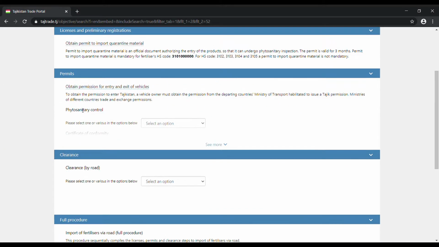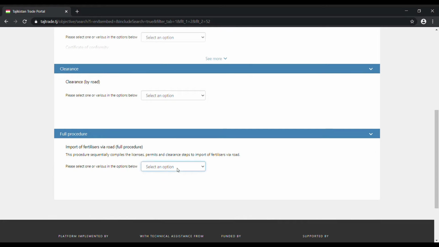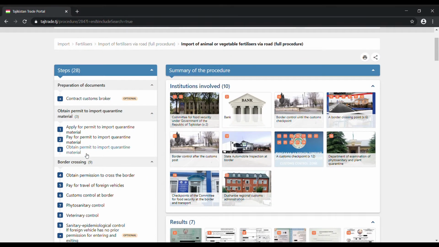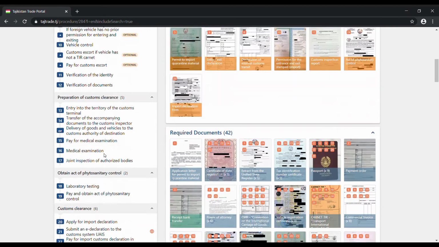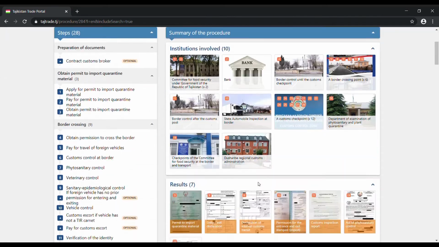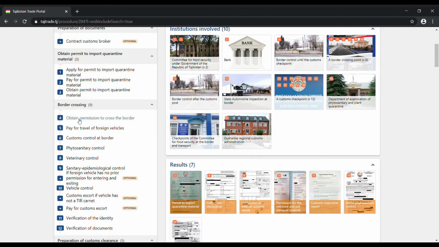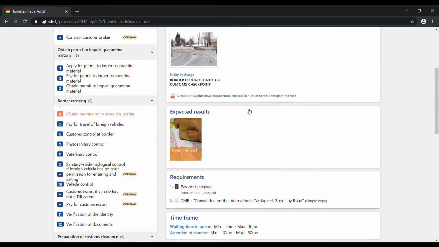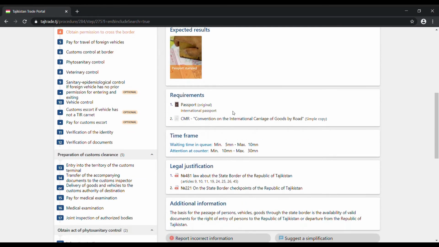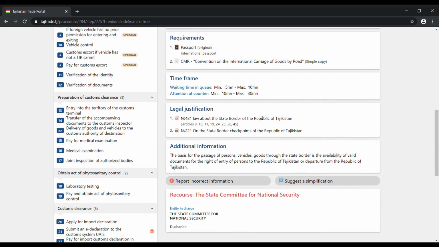Let's use importing fertilizer from India as our example. Portals typically provide information on customs procedures, required documents and forms, restrictions and prohibitions, tariffs, and so on. The Tajikistan portal is quite comprehensive when it comes to trade procedures.